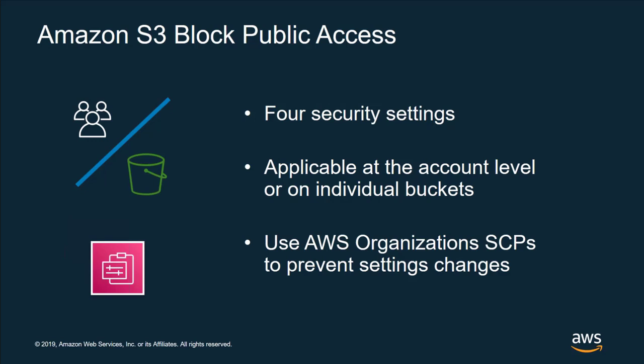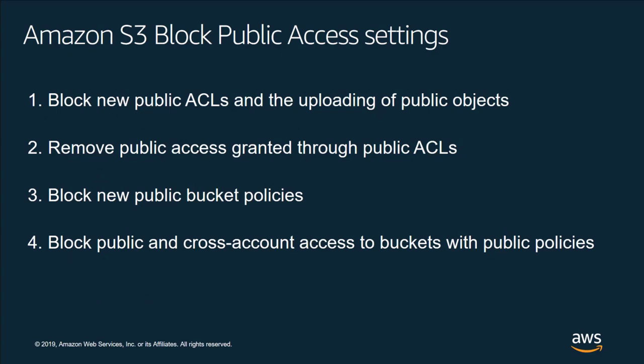Now, in terms of controlling who can set these block public access configurations, you can use AWS Organizations service control policies to restrict who can change or modify these block public access settings. So what are these settings?